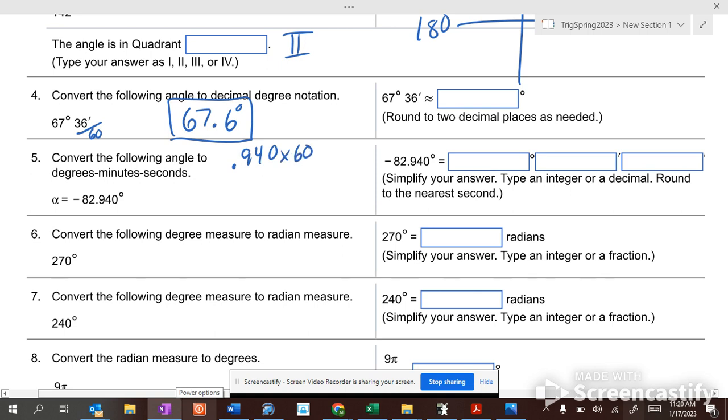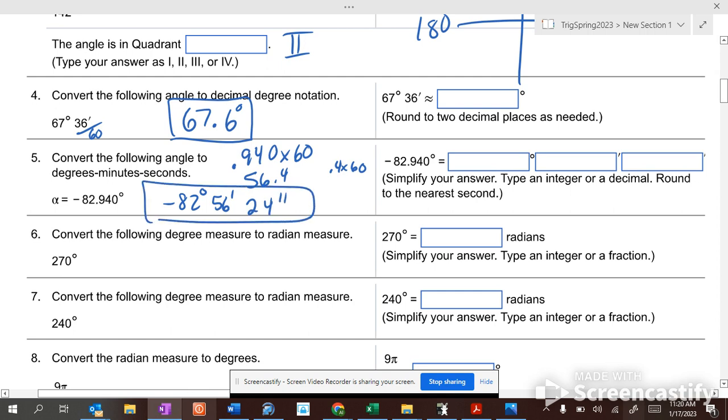Somebody help me out. 56.4. So it's negative 82 degrees, 56 minutes, and then you take 0.4 times 60, and you get 24 seconds. Okay, so here you divide by 60, here you multiply by 60.